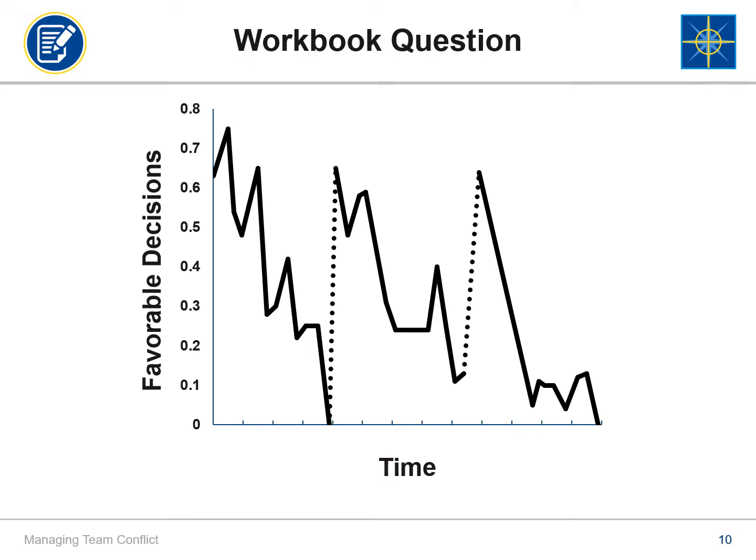The vertical axis tracks the likelihood of a favorable decision where the judges grant parole. The dotted lines represent breaks taken by the judges throughout the day. What do you think this data tells us about decision-making and agreeableness relative to time of day? Pause the video for a moment and think about this. Write your thoughts in the workbook and resume the video when you are ready.